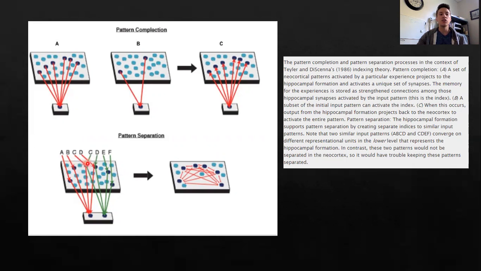And so the activation of one of these neurons, say A or B, will activate this hippocampal cell. And this hippocampal cell is also going to activate neurons that are storing part of a different event. Pattern separation is necessary to ensure that the event that is retrieved is the ABC event and not the CDEF event. So a little bit of a complex theory here, but the basic idea that underlies this theory is that long-term memory formation occurs initially in the hippocampus.